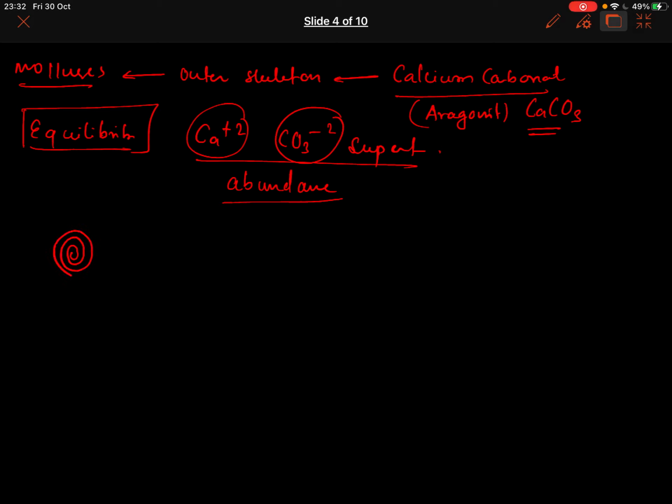So the structure of mollusk is something like this. They are round and round and round, they grow. So at this tip they build themselves and they grow, right? So what they do is, this whole is made up of CaCO3, and to make this CaCO3, they absorb calcium ion from the ocean water, simultaneously carbonate ion from the ocean water, right? Now as it absorbs both of these, it creates calcium carbonate and extends their skeleton.